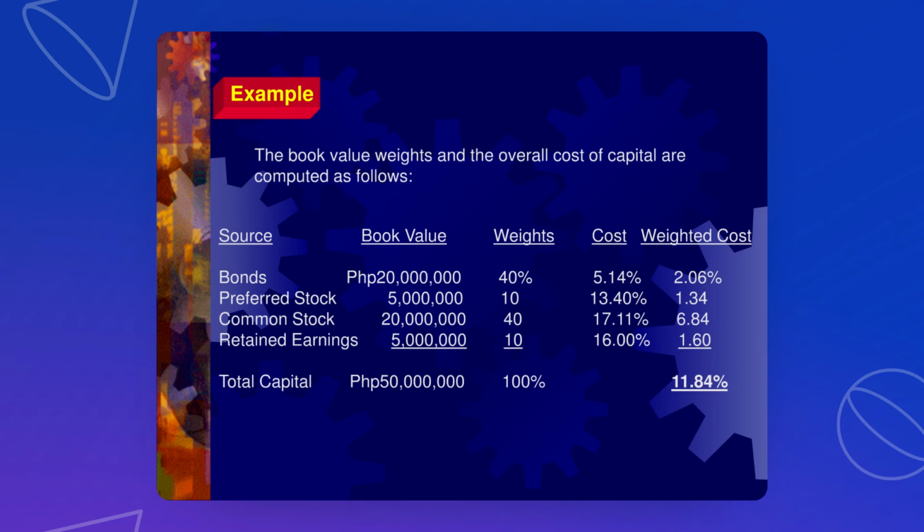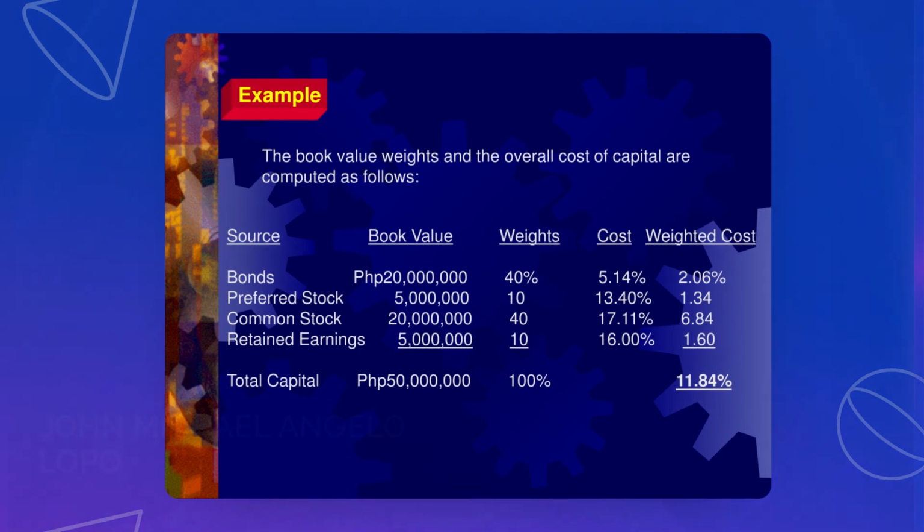Then you have 20 divided by 50, 40% again. 5 divided by 50, you have 10%. All in all, you have 100%. And the costs are 5.14, 13.40, 17.11, and the retained earnings is at 16%.